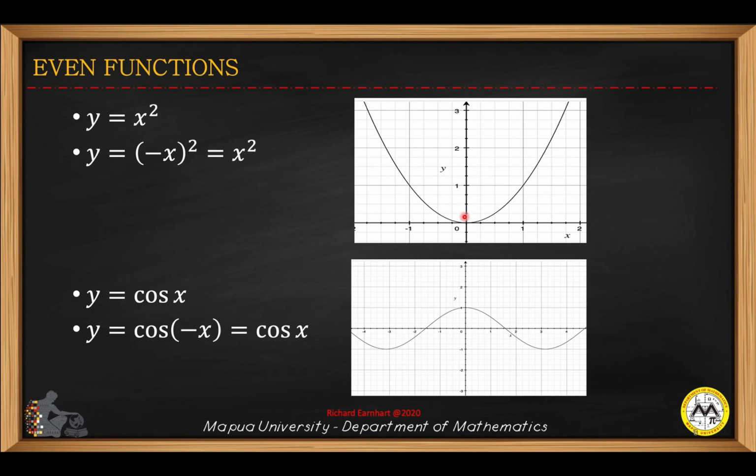As you can see, this is symmetric about the vertical axis. So when you integrate the whole area of the parabola, you may consider just 0 to L. Since the graph is symmetric, you can multiply the area by 2. And this is the graph of the cosine function, which is symmetric about the vertical axis.